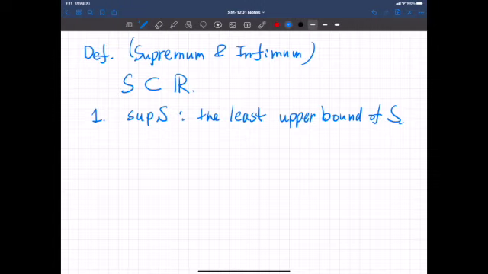Okay, if it doesn't exist, we cannot define supremum. Okay, so supremum of S.